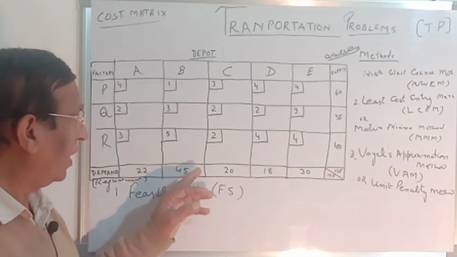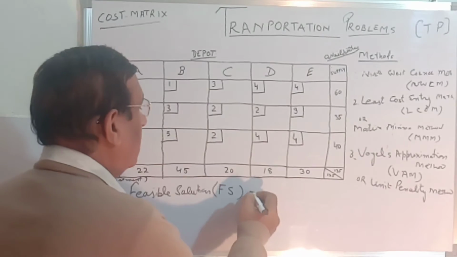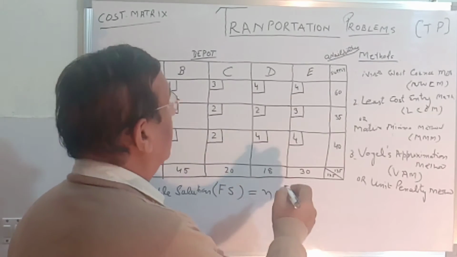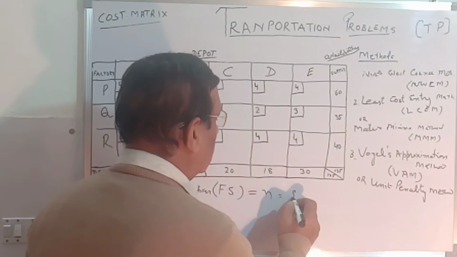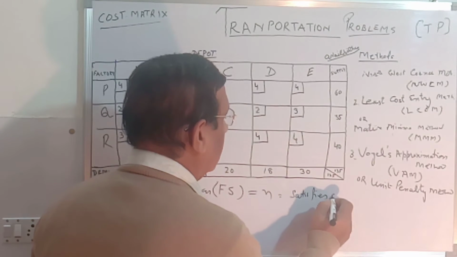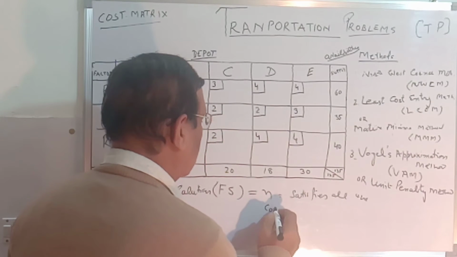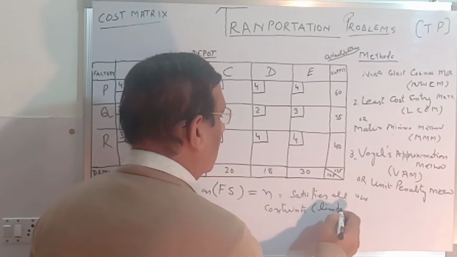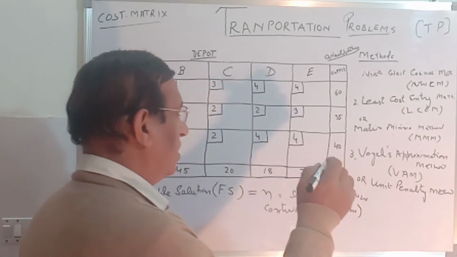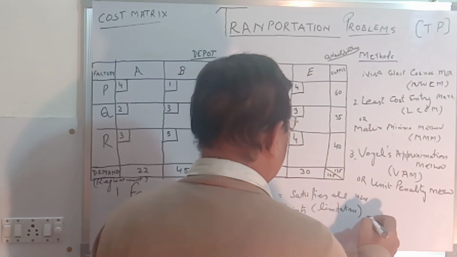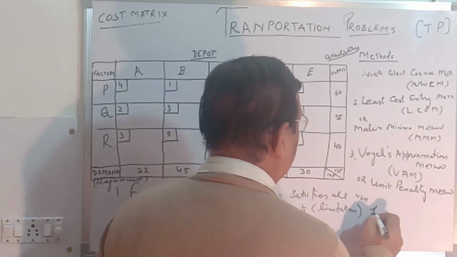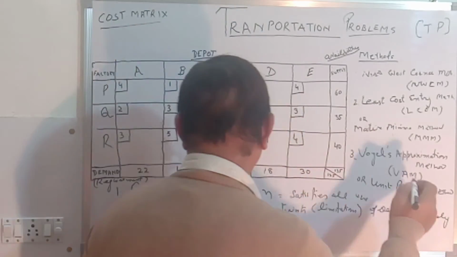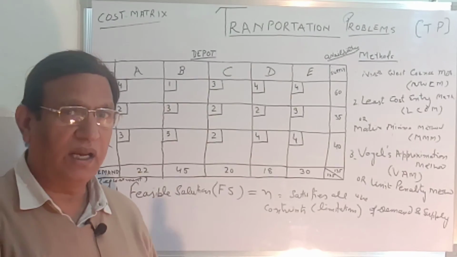Then when the allocations are positive, say the number of allocations is n, and the allocations are positive and satisfy all the constraints, meaning limitations, of demand and supply, then our solution is known as feasible, possible, likely to be taken up.